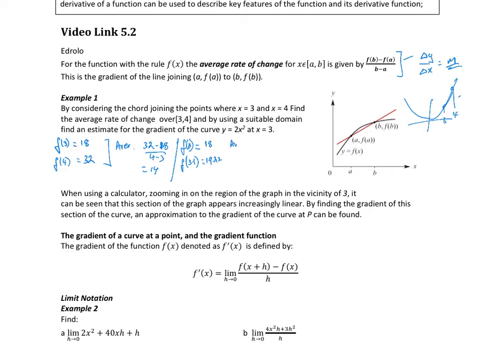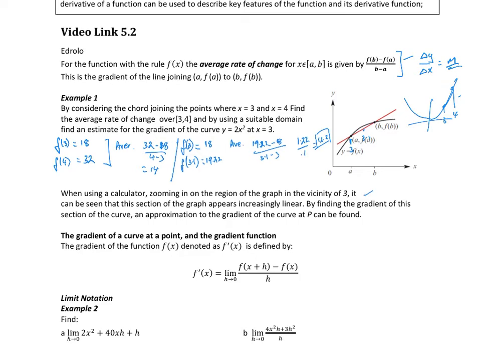So the average is equal to 19.22 minus 18 over 3.1 minus 3. So it's 1.22 over 0.1, which is equal to 12.2. So that's a better approximate because the closer we are to our point, the better my approximation will be.